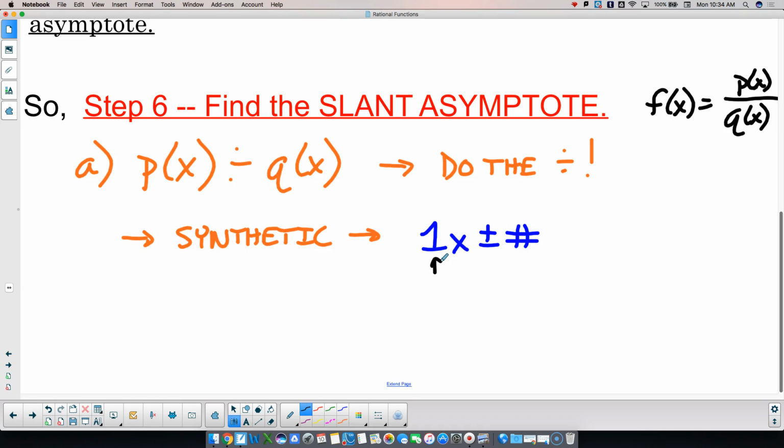If it doesn't look like that, then we've got to do long division. So if it was 2x plus 1, we would have to do long division on it. But if it's x minus 3, all good.